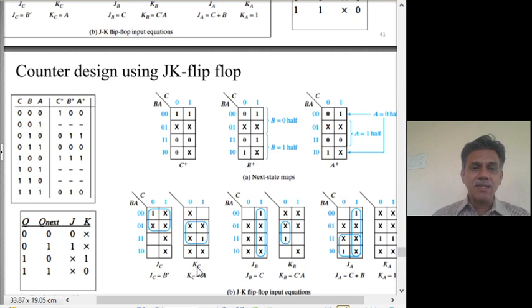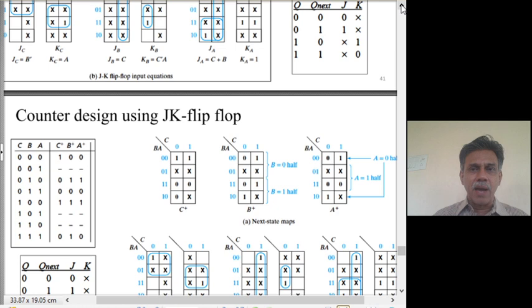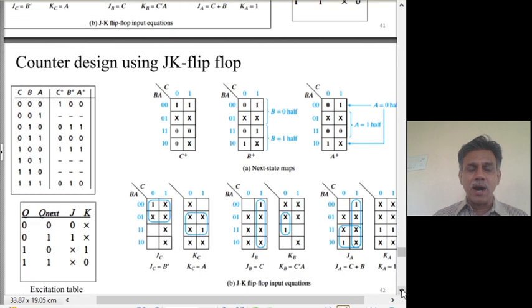If you look at the KC map, you may wonder how we got it. I have just copied these maps from here and then we are scrutinizing how it comes. Later when you understand this concept, you don't need to copy, you can straight away come up with the K maps of JC, KC from this. So the C equal to 0 half of the K map will have all don't cares. That is what these two rows tell.